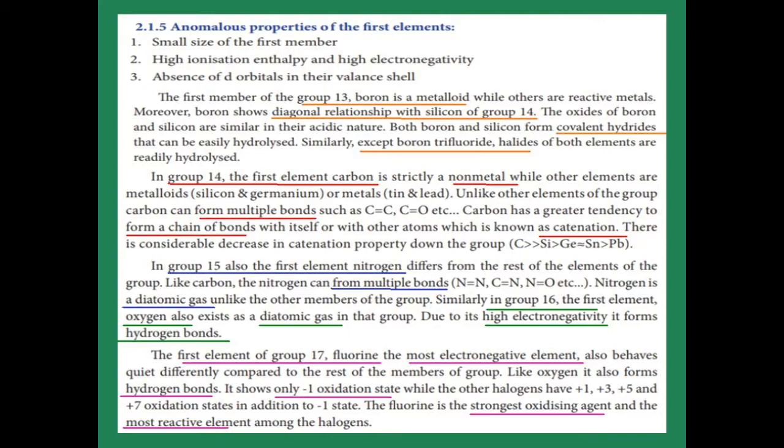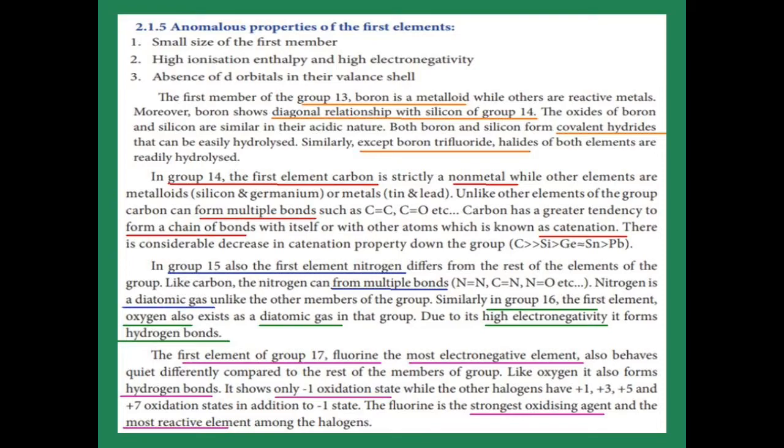It is also a diatomic gas, and it possesses high electronegativity, and because of this high electronegativity it forms hydrogen bonds. So these are the different properties than the other elements in group 16. In group 17, the first element is fluorine. The rest of the elements are chlorine, bromine, iodine, as we know very well.